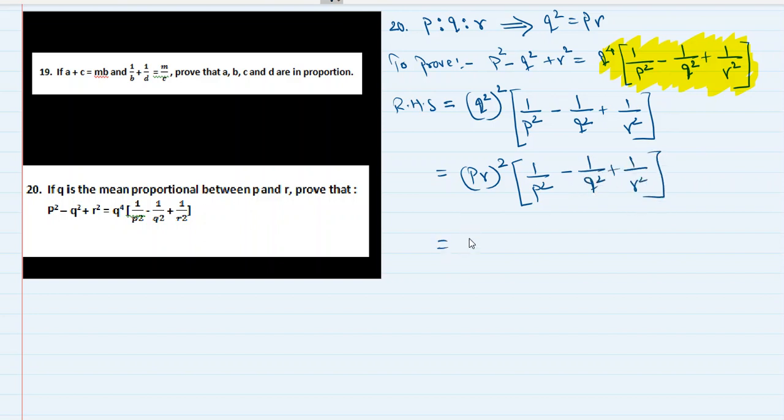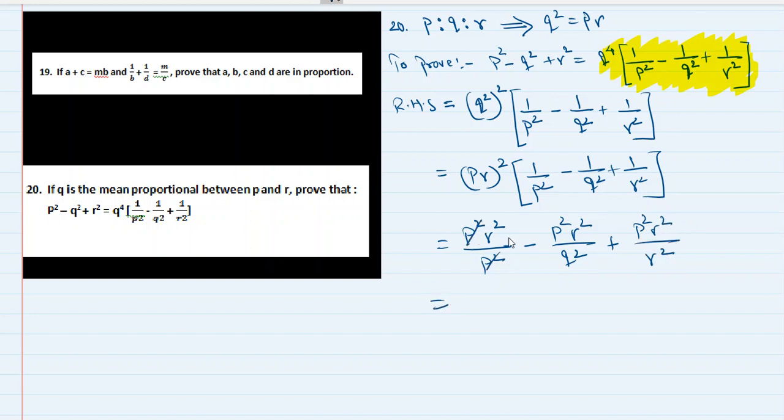Let's simplify this. So this will become P square R square. Let's multiply it inside by P square minus P square R square by Q square, plus P square R square by R square.